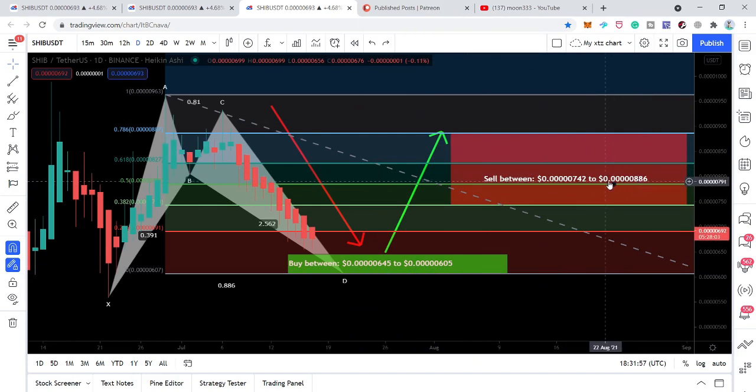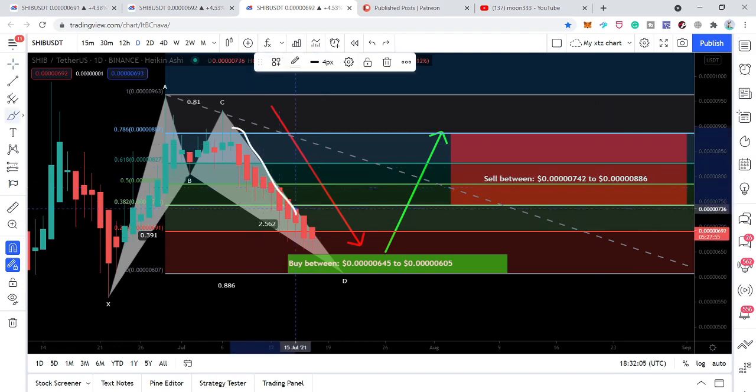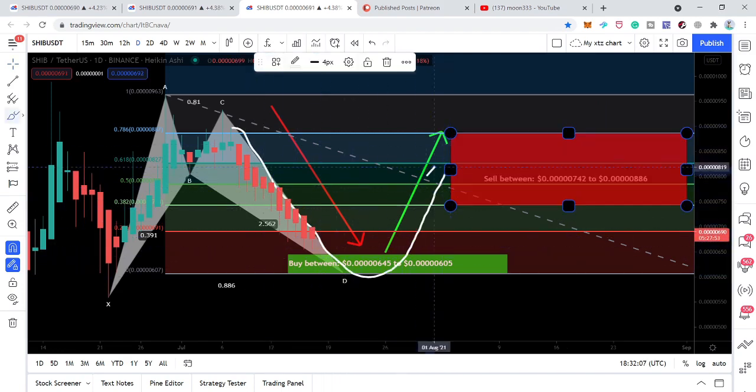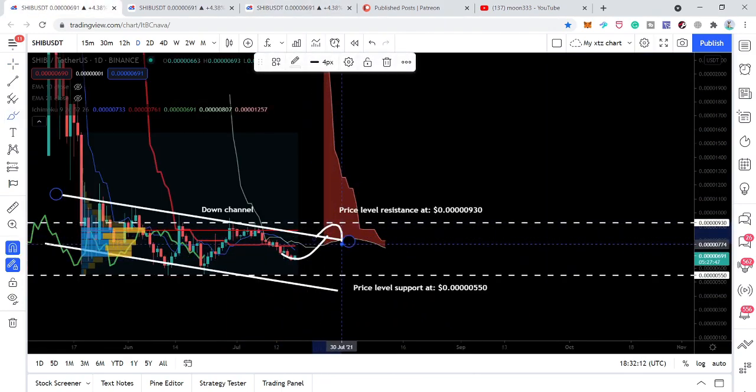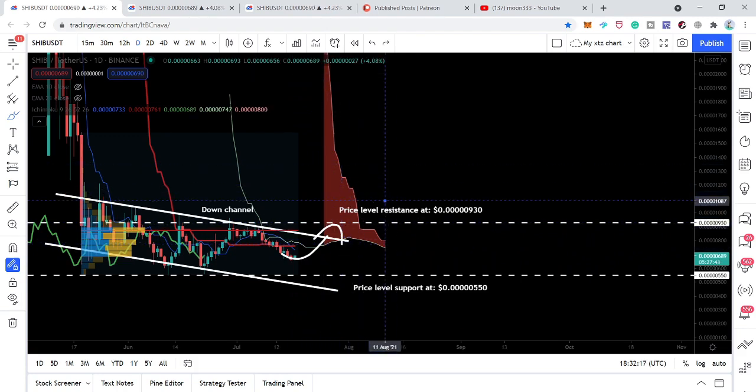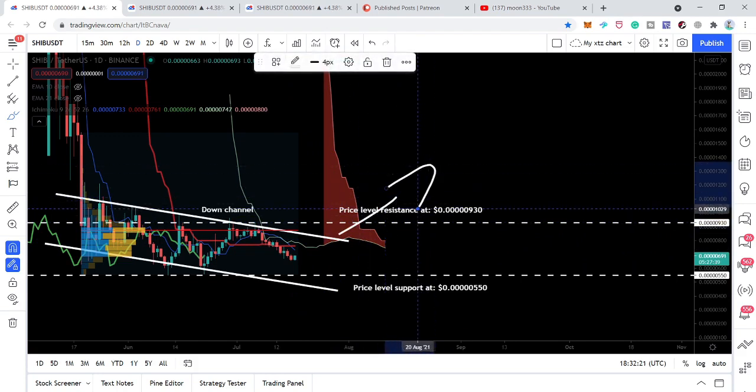So this is approximately up to 45% profit potential trading idea. However, I'm expecting that once the price line reverses bullish from this buying zone of this bullish bat, it can also make the attempt to break out this resistance of the down channel and this Ichimoku cloud as well. And then after breaking out this Ichimoku cloud, the real bull run of the Shiba Inu will start.